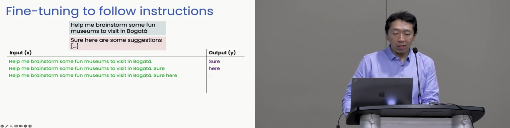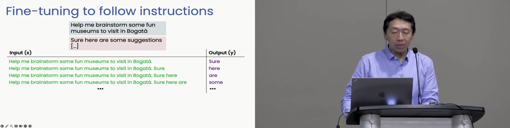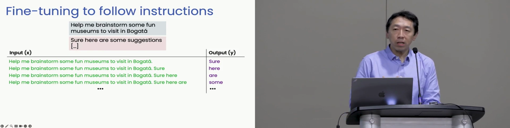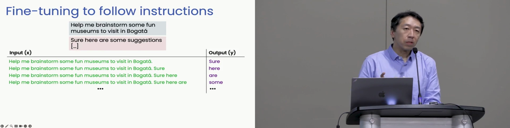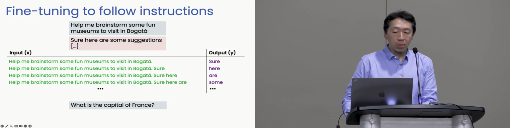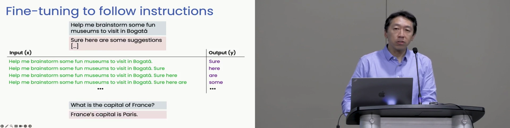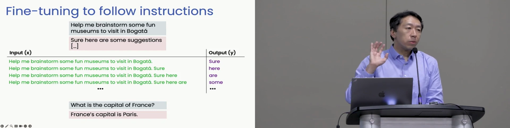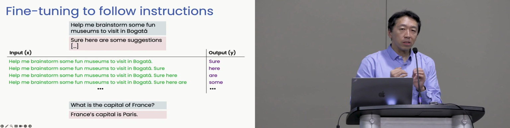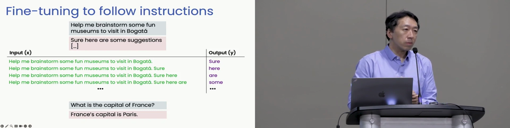Sure. And then after that, here are some, and so on. With a data set like this, if you continue to train the algorithm for a much shorter period of time, maybe weeks, then you can prompt it with, what's the capital of France? And it will have learned to follow instructions. France's capital is Paris. So you end up with what's called an instruction-tuned model that doesn't just predict the next word, but learns to follow instructions.